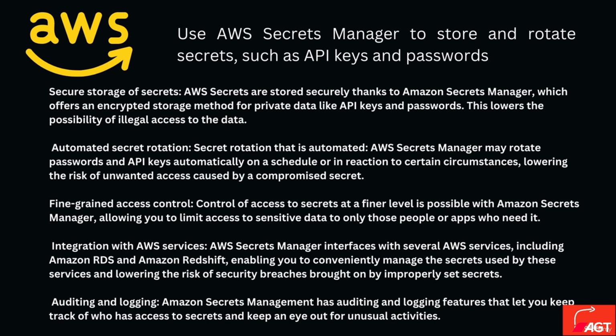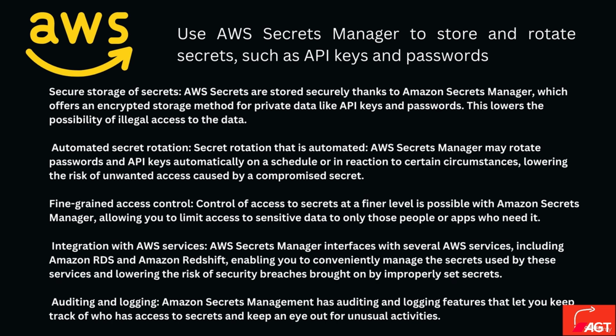Integration with AWS services. AWS Secrets Manager interfaces with several AWS services, including Amazon RDS and Amazon Redshift, enabling you to conveniently manage the secrets used by these services and lowering the risk of security breaches brought on by improperly set secrets. Auditing and logging. Amazon Secrets Manager has auditing and logging features that let you keep track of who has access to secrets and keep an eye out for unusual activities.